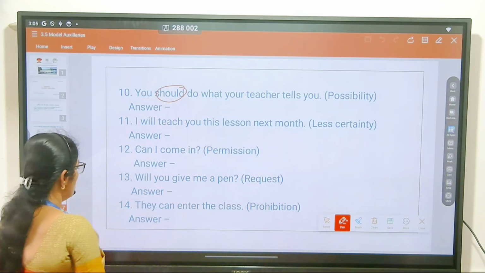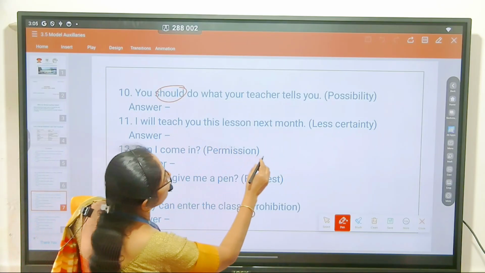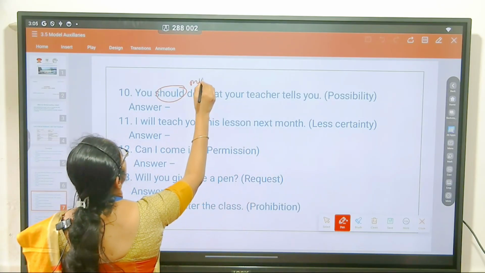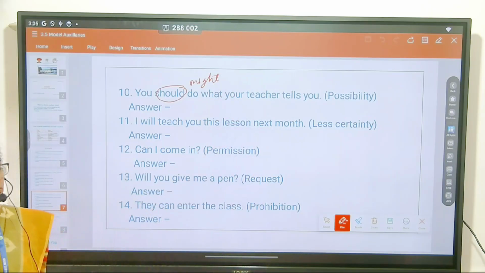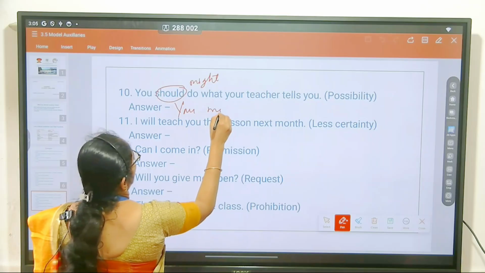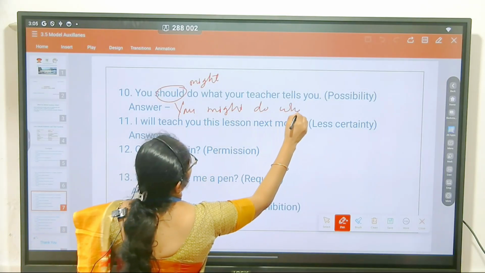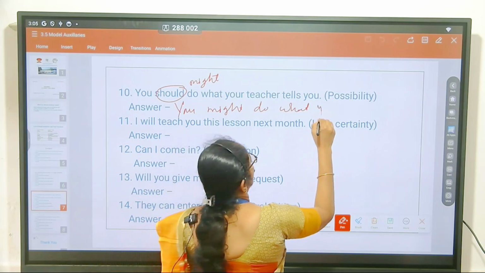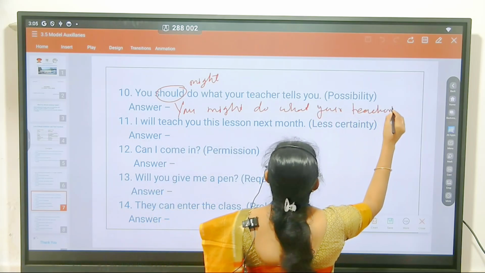You have to remove should, and instead of should, you have to use might. So how will your answer be? You might do what your teacher tells you.